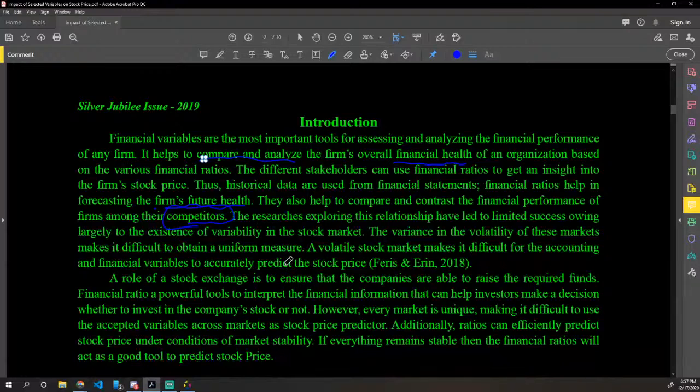The researchers exploring the relationship have had limited success owing largely to the variability in the stock market. The volatility of this market makes it difficult to obtain a uniform measure.